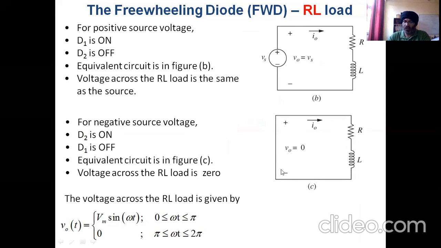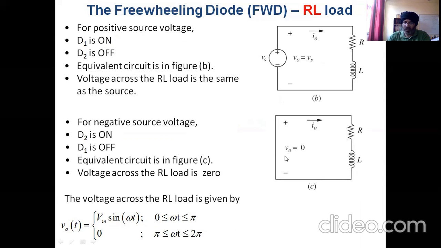because now the diode has given it a path by turning on. D2 is on now, and if D2 is on, it starts to conduct. Due to the presence of energy inside this inductor during the first half cycle, this energy is now getting released from the inductor due to the conduction of this diode, and the load still continues to get the current, and we get the output voltage over here.